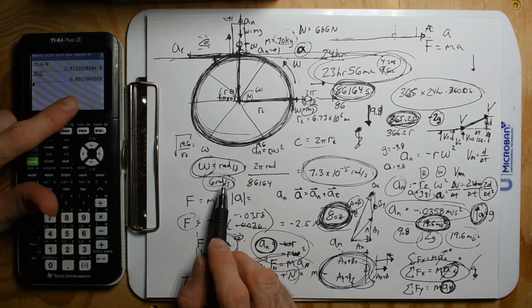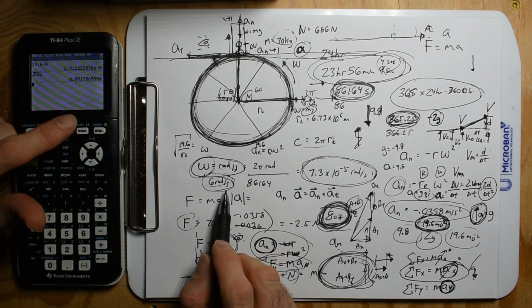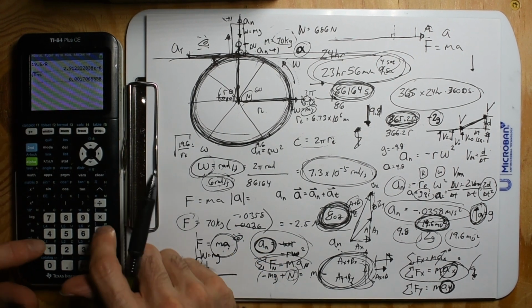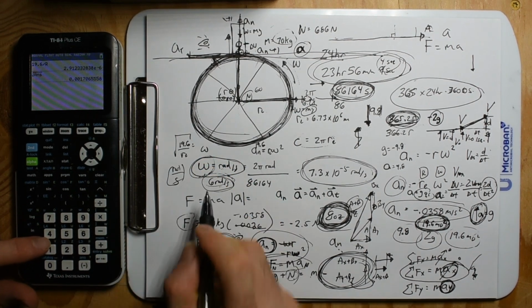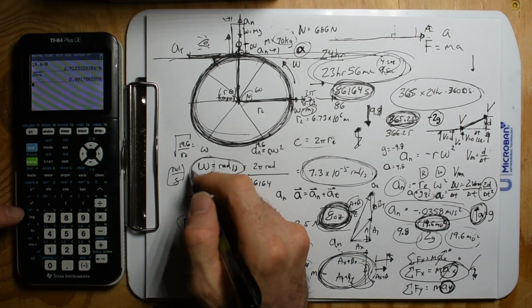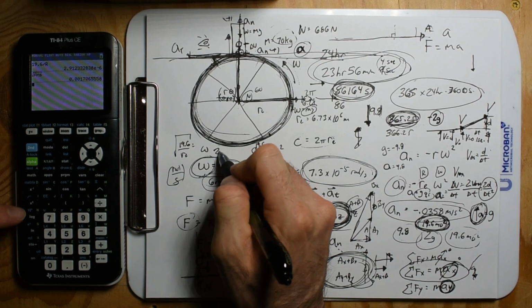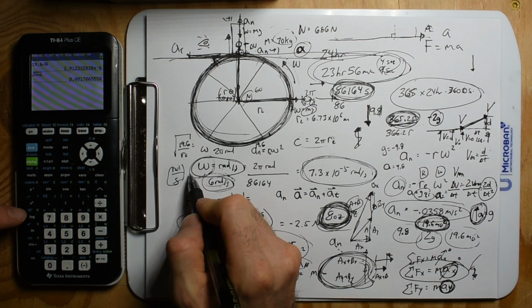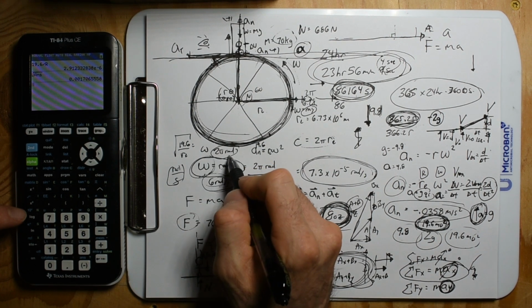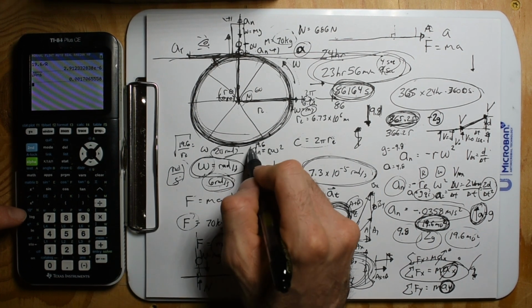You get 0.017 radians per second. And so if that's radians per second, and we want time, and we know that there's 2 pi radians in 1 revolution, I need to take 2 pi radians divided by radians per second to get that time.